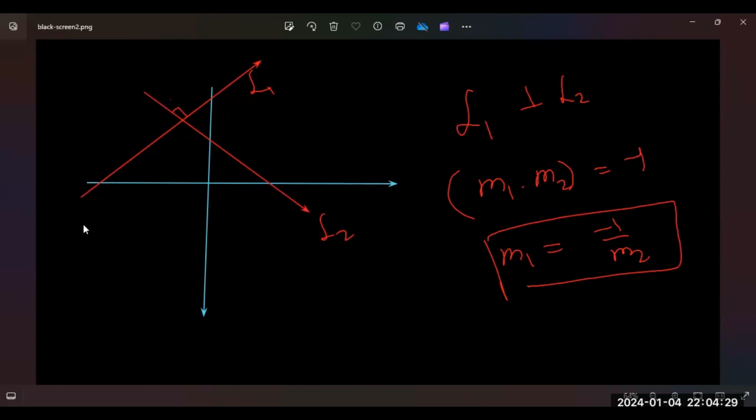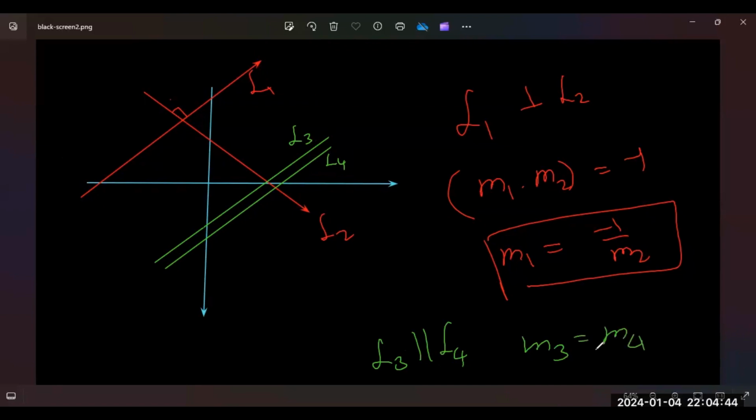And if lines run parallel like this, let's call them L3 and L4. If L3 is parallel to L4, the slope of L3 will be equal to the slope of L4. If they are parallel, the slopes are equal. If the slopes are equal, they are parallel. And if they are negative reciprocals, they are perpendicular.